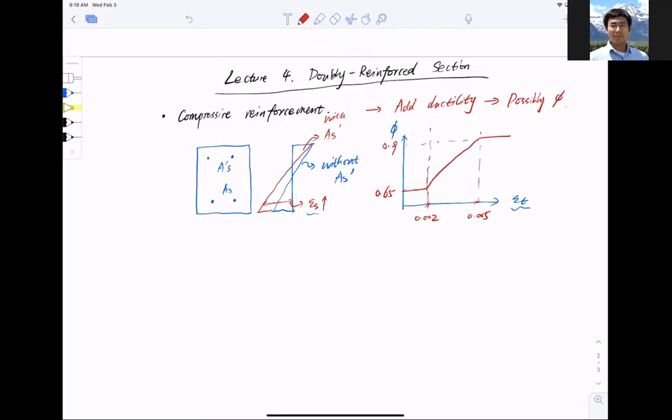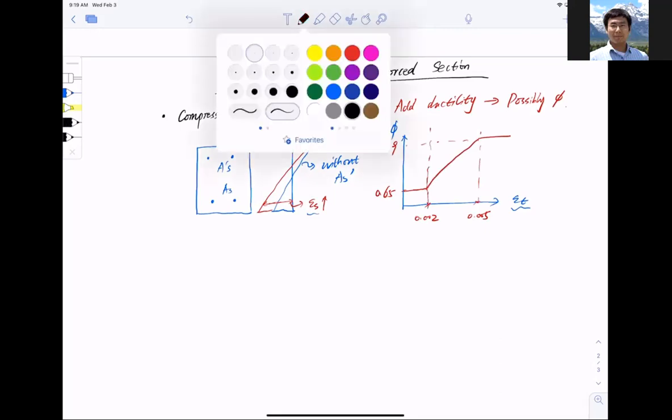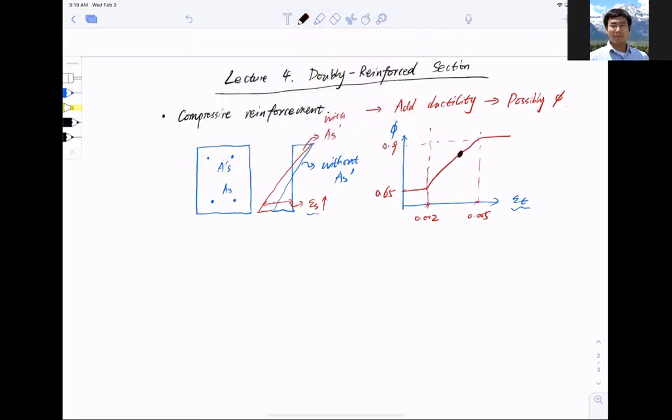So if I have my point right here, for example, before adding compressive reinforcement, maybe it's here. Now adding compressive reinforcement, I may go all the way up here, and then I increase my phi. The point of increasing phi is that it gives you a little bit of added capacity.